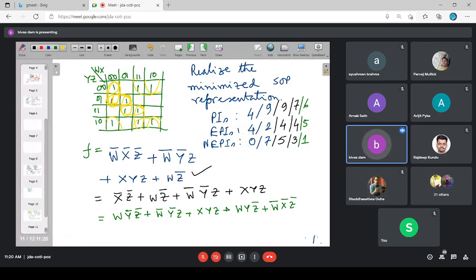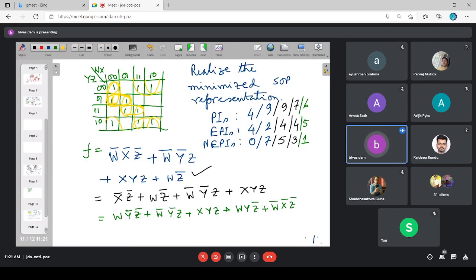As per the rule, what have you been instructed? Find all possible pairs. Okay, so I have to go for all possible pairs. Afterwards, I'll find out which ones are needed and which ones are not needed.